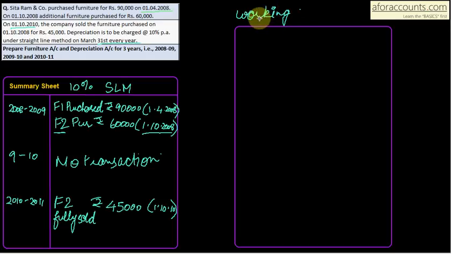Okay, so in working, what do I have? I have furniture. Two furnitures are there, furniture 1, furniture 2, and a total column. Let's start.